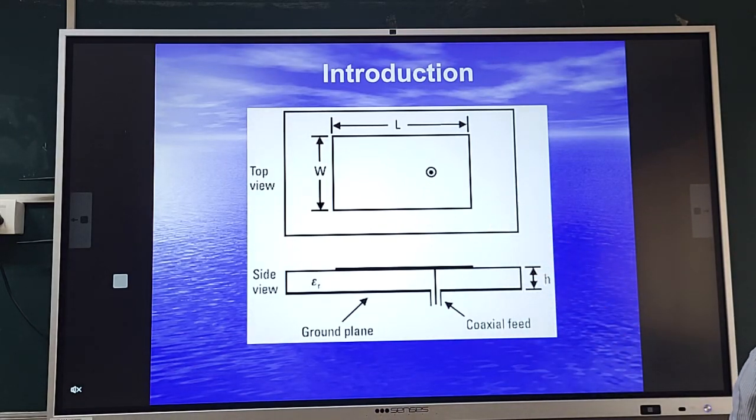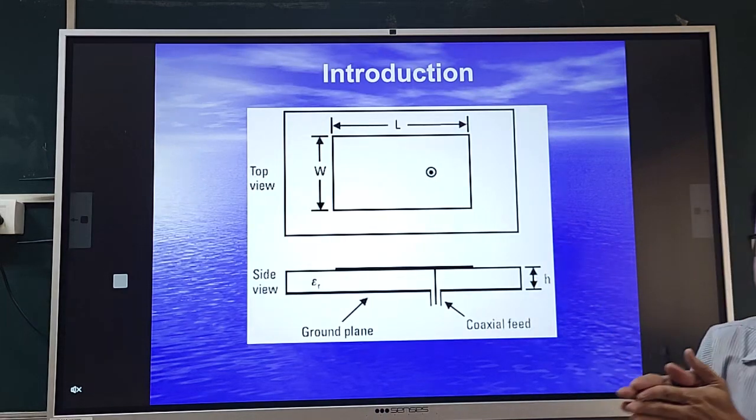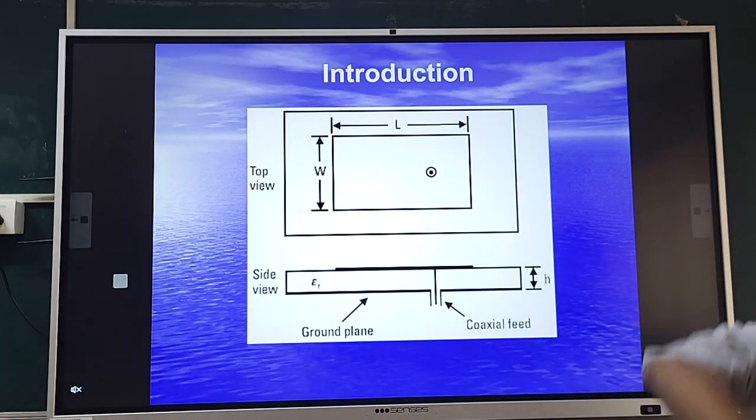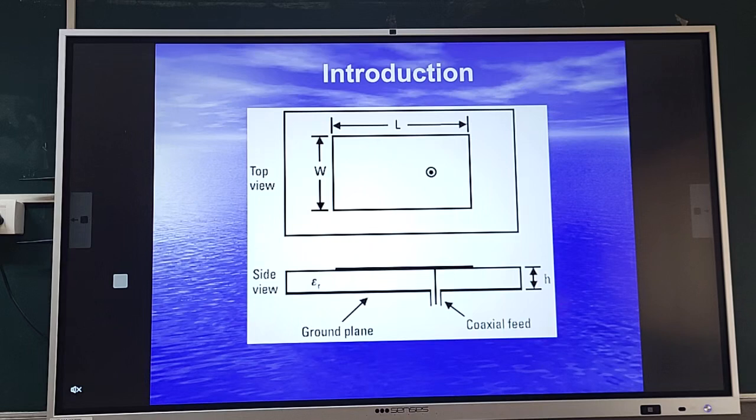That kind of direct possibility is not there. So if I am designing a complete RF system where the antenna should be integrated with the rest of the circuitry, that is not possible here. So that is one of the disadvantages.